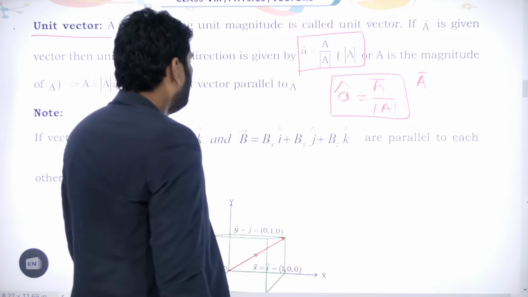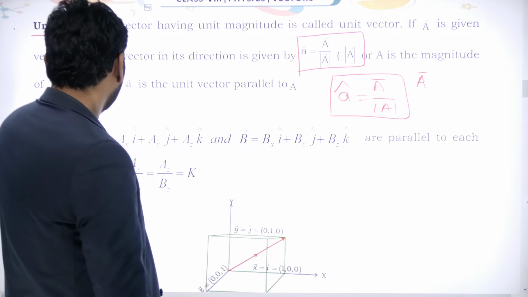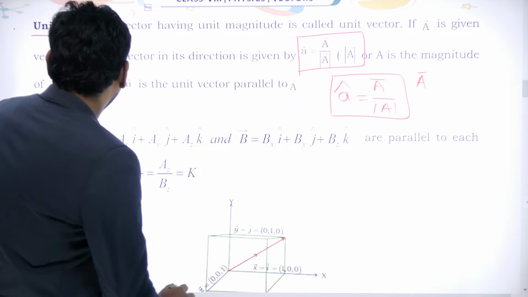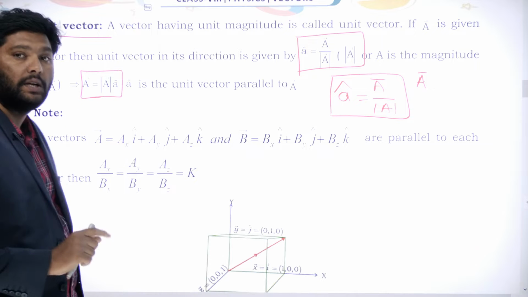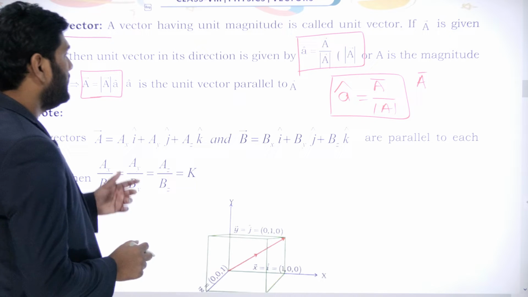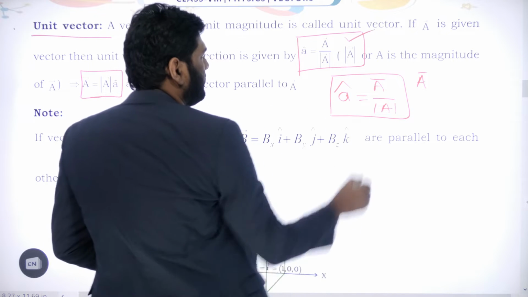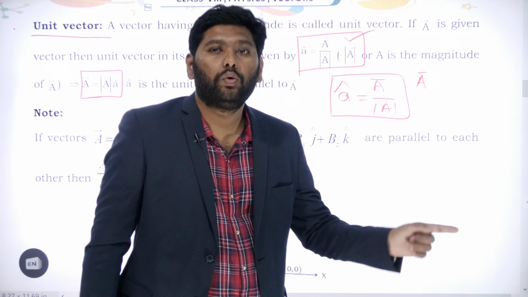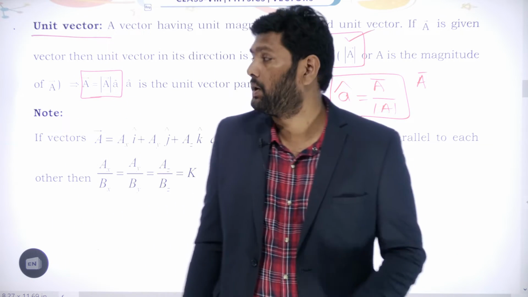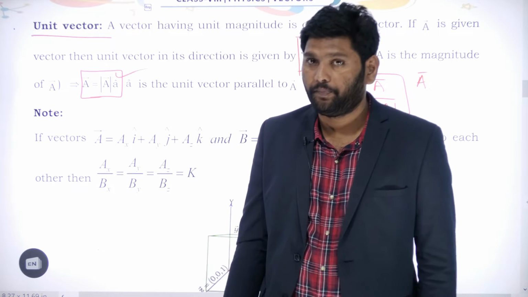Now, if this is vector A, how can you express this vector A for representing any physical quantity? Look here. This is a representation of the unit vector. But by using this unit vector, how will you represent a vector? Look here. This formula shows the same.